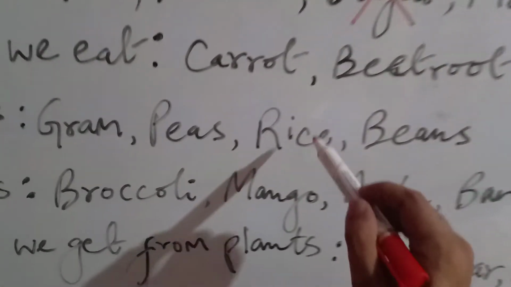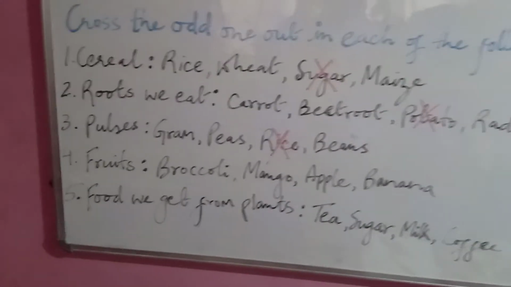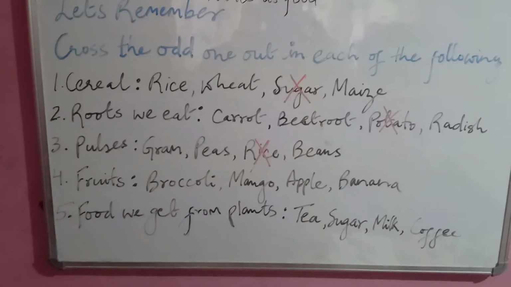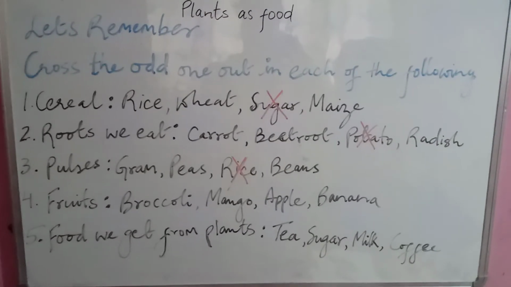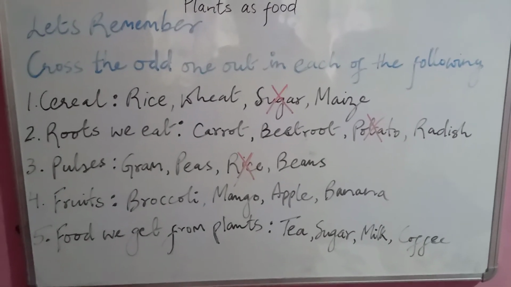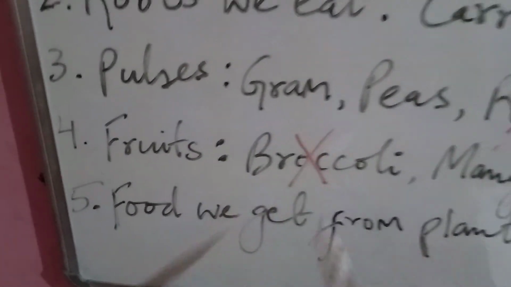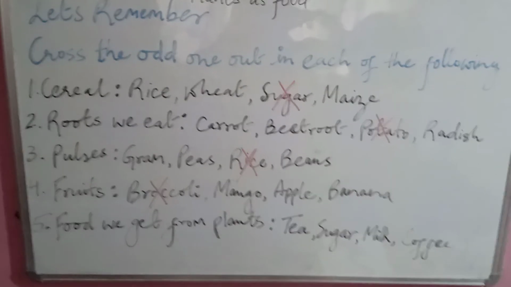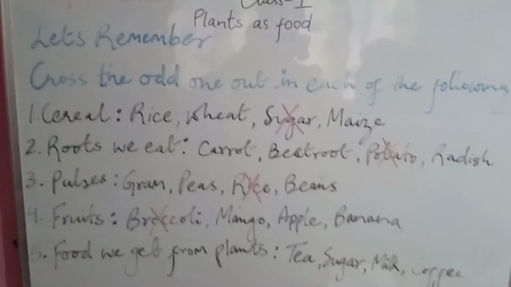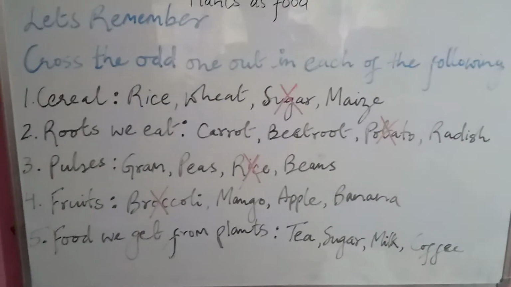Rice is not a part of pulses because it is a cereal. And then fruits: broccoli, mango, apple and banana. Broccoli is the odd one, because it comes under vegetables, and it is a flower part of the plant.